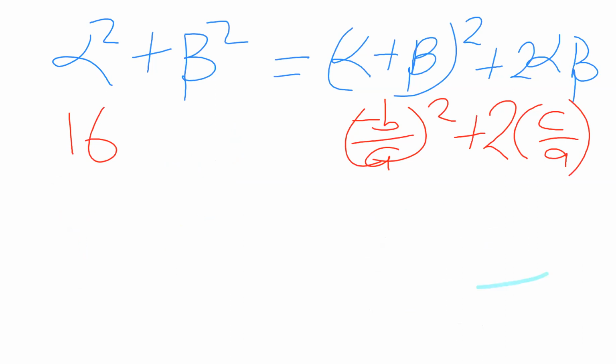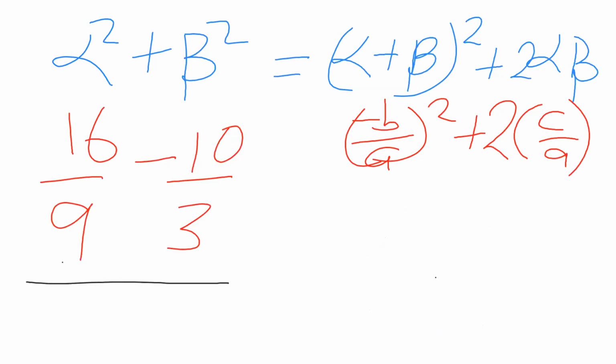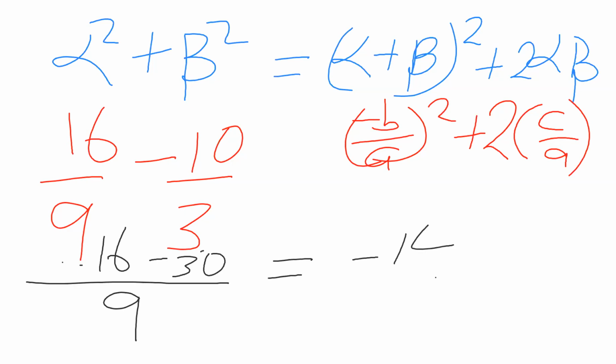And so we ask ourselves, what is the common denominator? 9, right? 9 into 9, 1. 1 times 16 is 16. 3 into 9 is 3, and 3 times the negative 10 is negative 30. 16 minus 30 is negative 14, right?